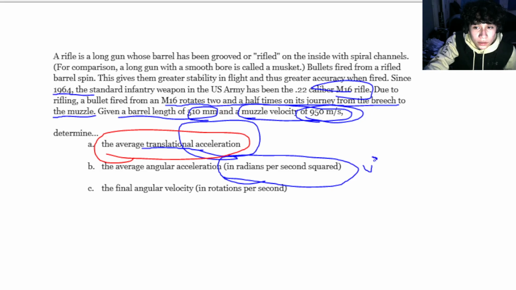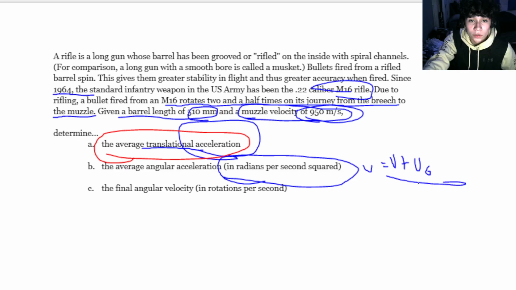So substitute the value: final velocity plus initial velocity over 2.